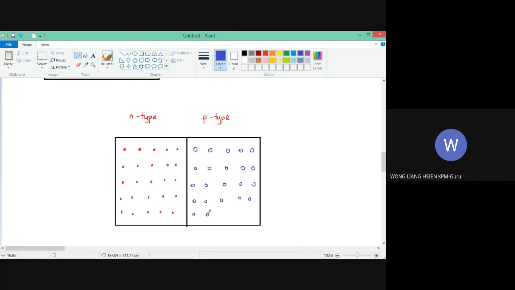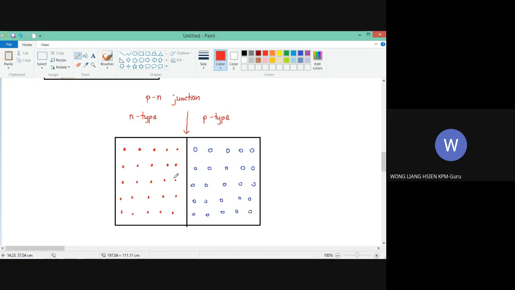Holes mean they lack electrons. Now, when we stick them together, the boundary or border between these two, we call the junction, the PN junction, because the P-type and N-type connect together.